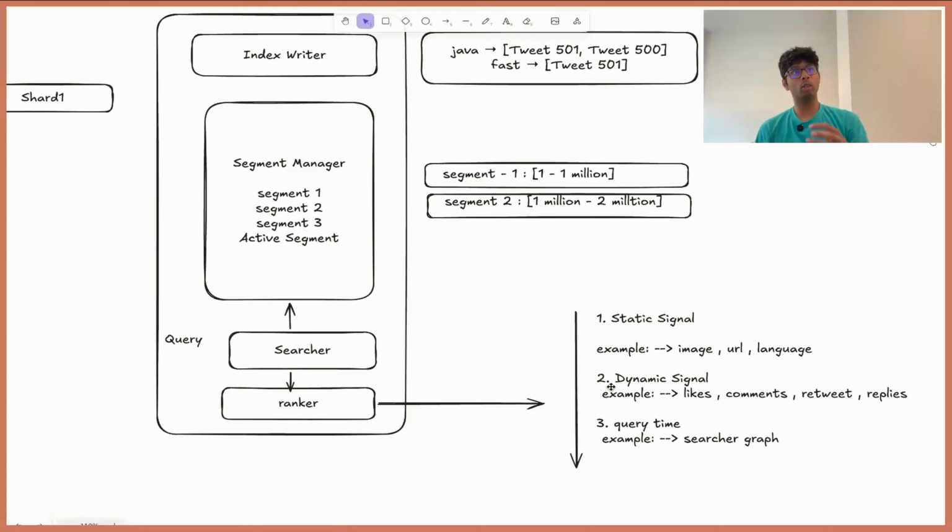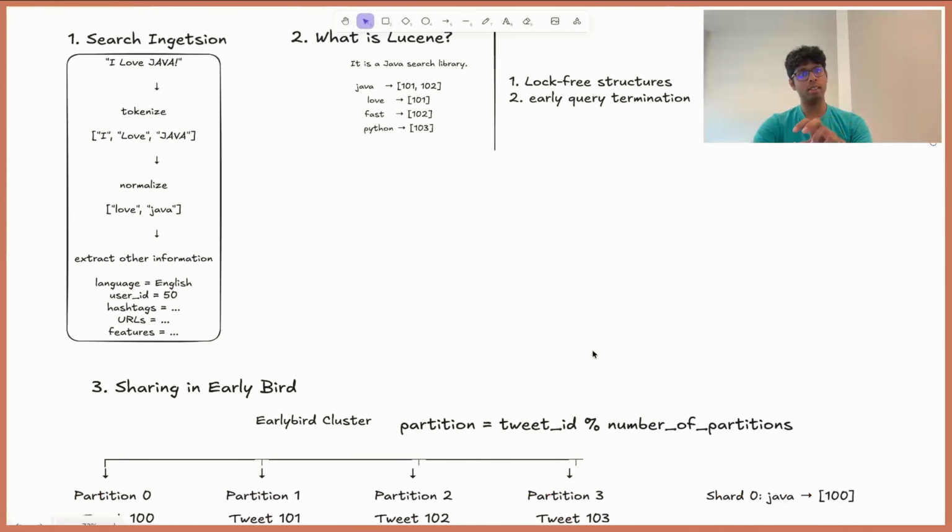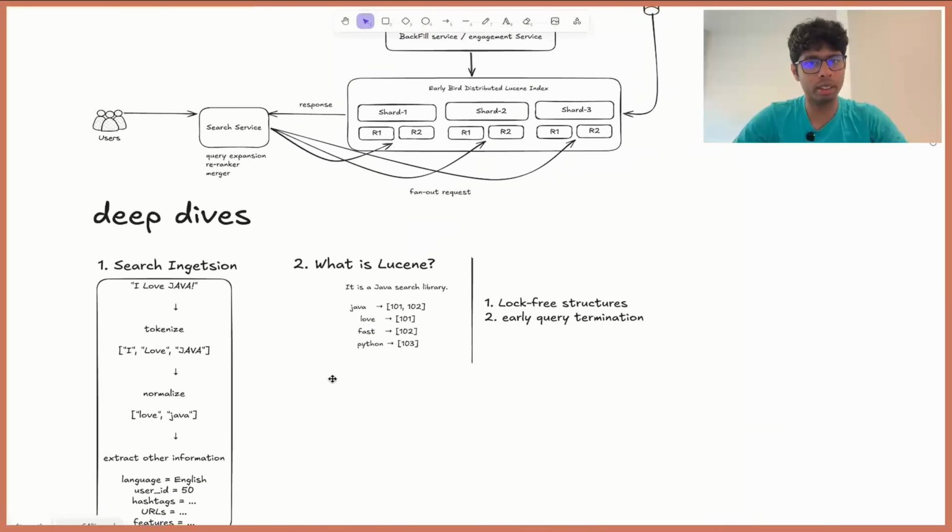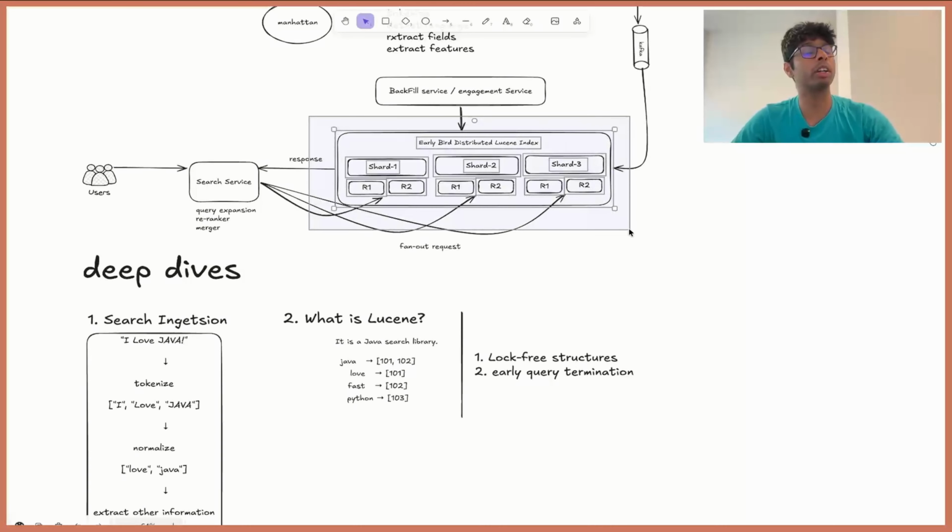It will be custom code: which post has the most likes, based on retweets, or they can put some ML algorithm here. They can directly call machine learning algorithms to figure out which are the top 10 most important posts out of these 100 for that particular user. They can write any custom code here. This is how the ranker is going to work, and this ranker is present inside this Earlybird distributed Lucene index.